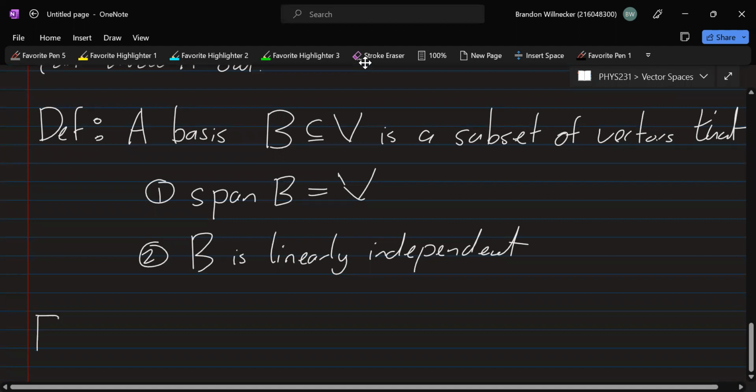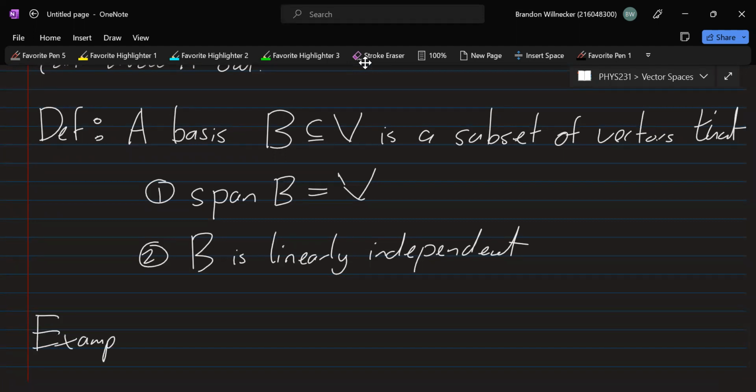Okay, so just as an example, actually, let's leave that for homework.